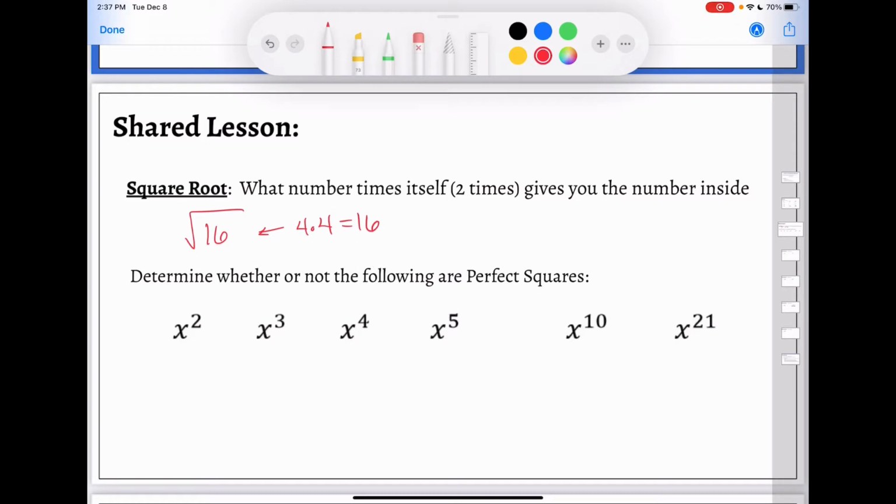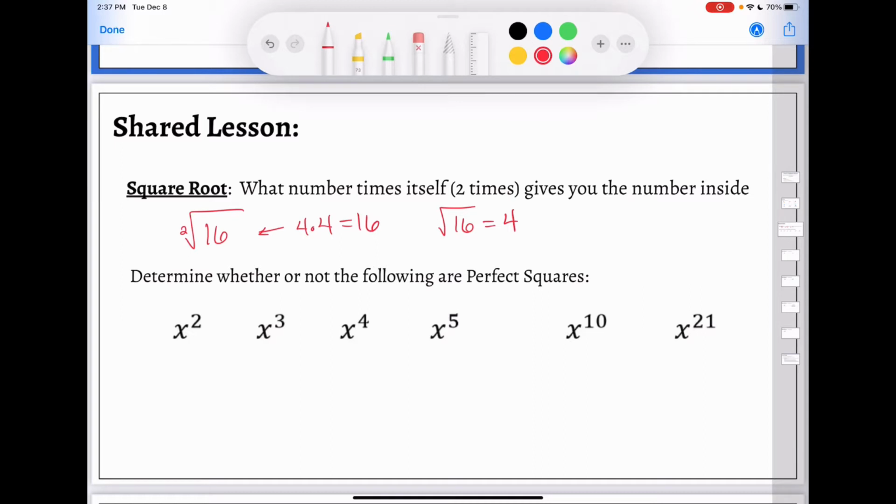So the square root of 16 equals 4. That's the idea between a square and a square root. We talked about all kinds of roots at the end of Unit 4, third roots, eighth roots, things like that. We're only focusing on square roots. So this would be the little invisible 2 right up here, if we wanted to put that little index of 2 on there, you could. But that's the idea behind a square root, and those are the only roots we're going to be dealing with here in Unit 5.